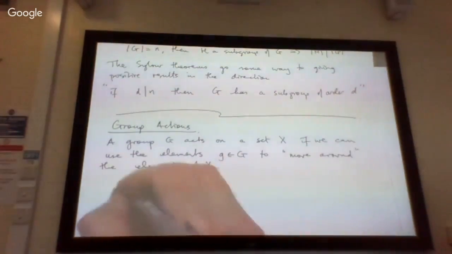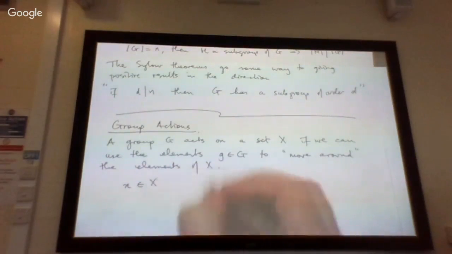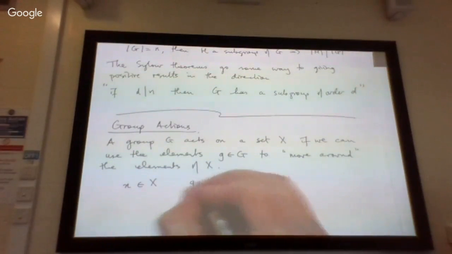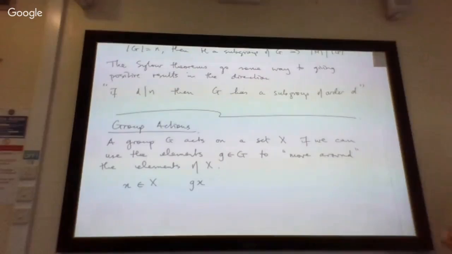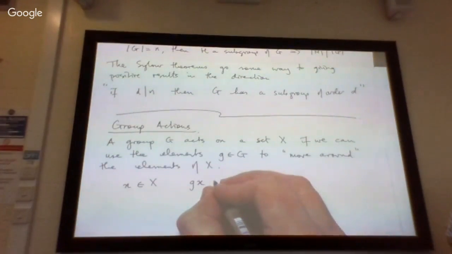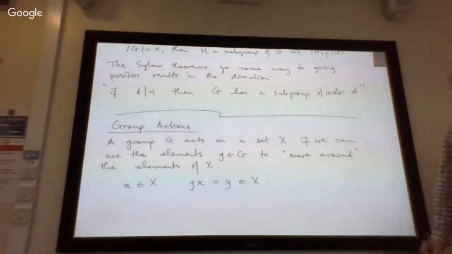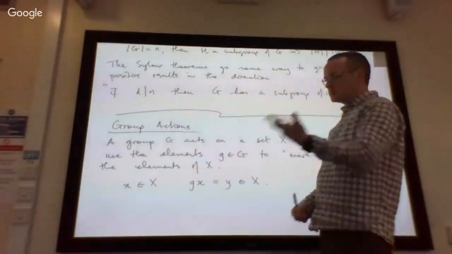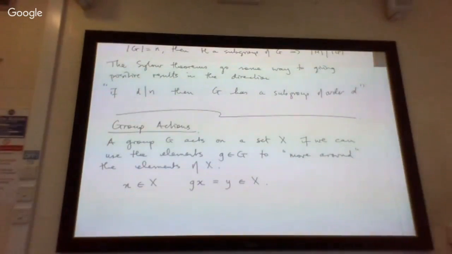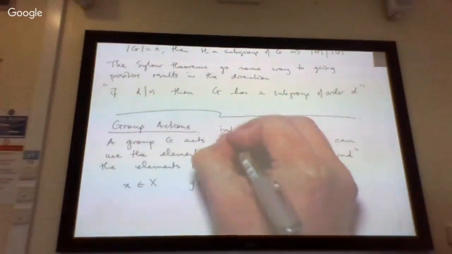If you can take an element x from the set and somehow g acts on x to give you another element y of the set X, you very much think of it as a kind of dynamic process.